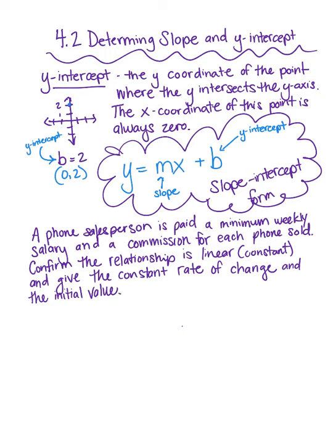Okay, and so here's our chart that shows her earnings. Ooh, that's on a straight line. That's fine. No, it's not. Okay, so we have the number of phones sold, and then we have her weekly income in dollars.